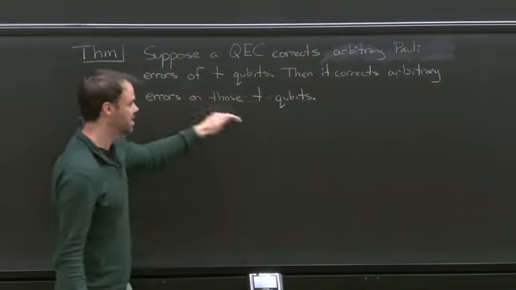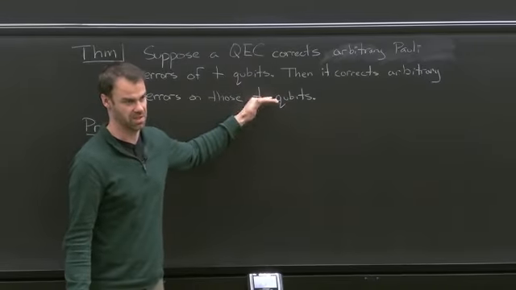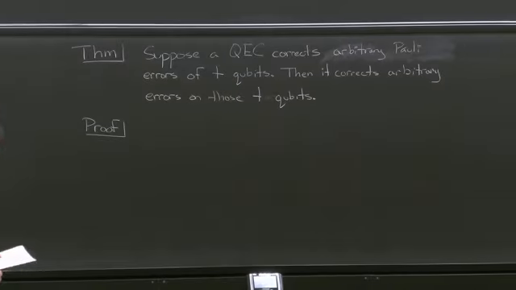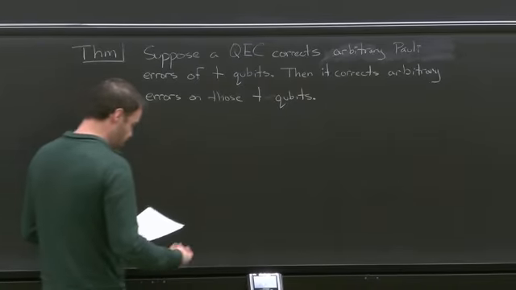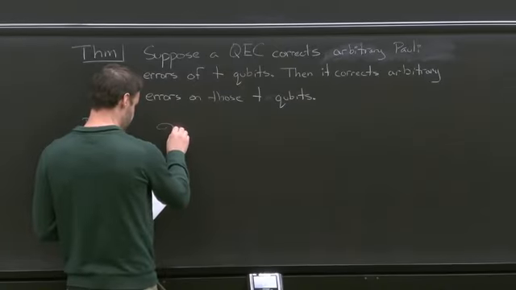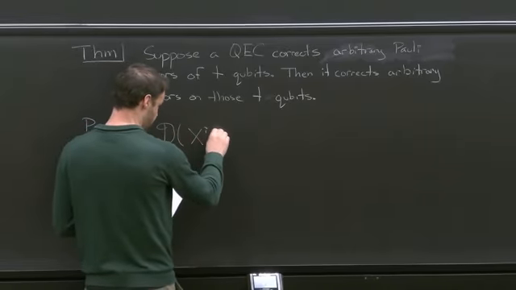The claim here is that this actually means I can correct arbitrary errors on that same set of t qubits. Okay, so let's prove that. The proof isn't too hard. So the assumption is that we have some decoder channel that has this property.